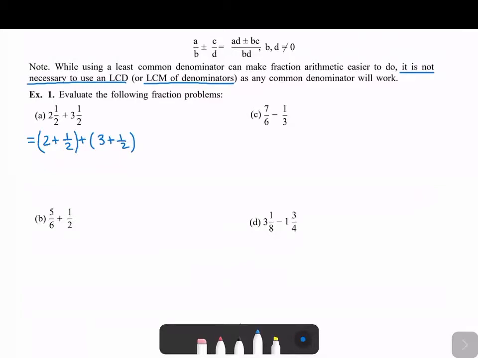We can use the associative law of addition and the commutative law of addition to rewrite this as 3 plus 2, and then adding our fractions. So we can reassociate this as adding our whole number parts and our fraction parts separately. When we add our whole number parts, we get 5. When we add our fraction parts, we get 1. And this gives us 6 total.